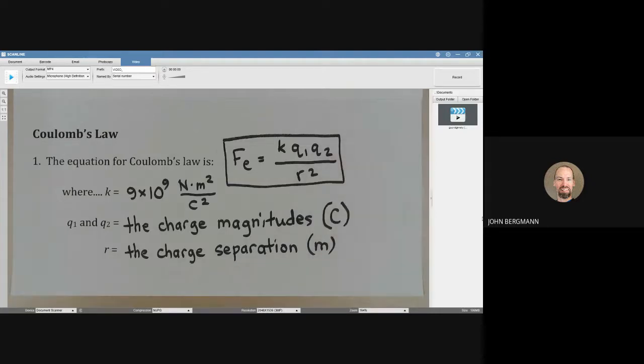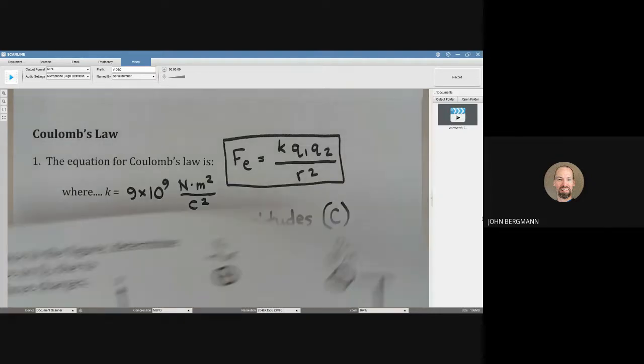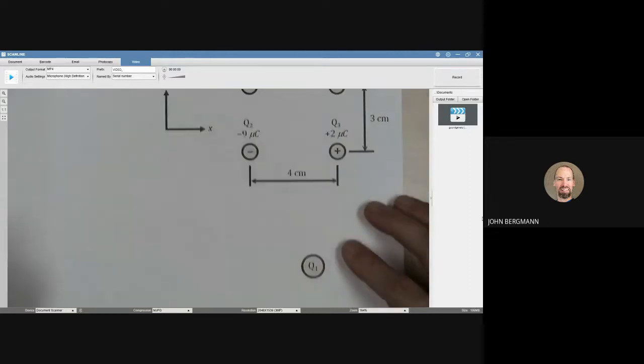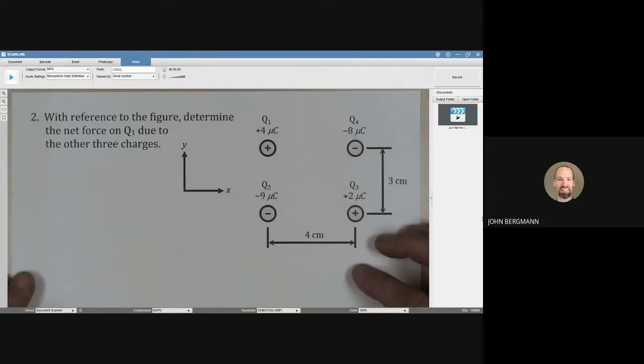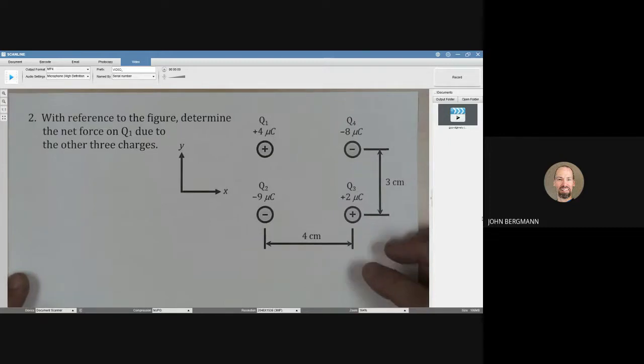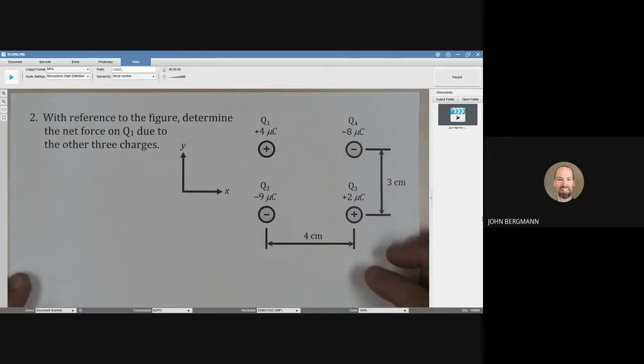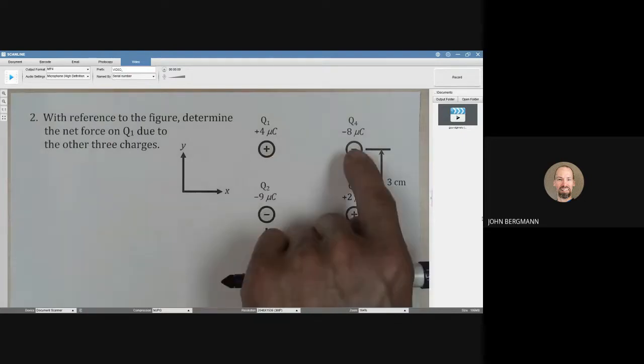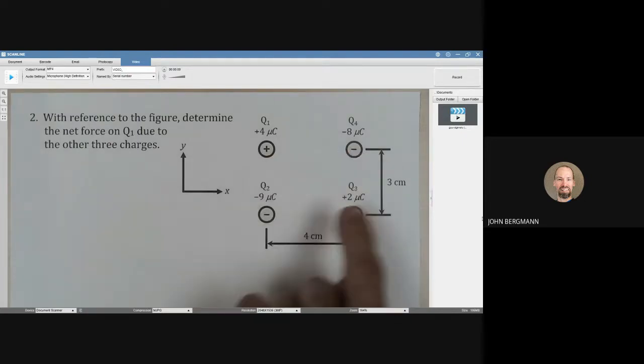All right, so what we're going to do here is see if we can solve this problem. We're going to determine the net force on Q1 due to the other three charges. Q1 is up here in the upper left. All of these charges exert forces on each other.